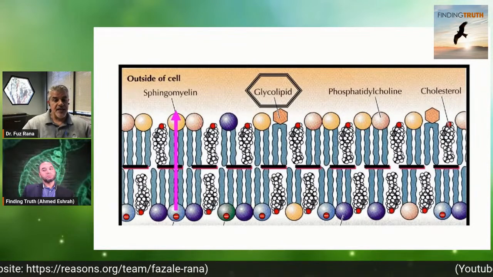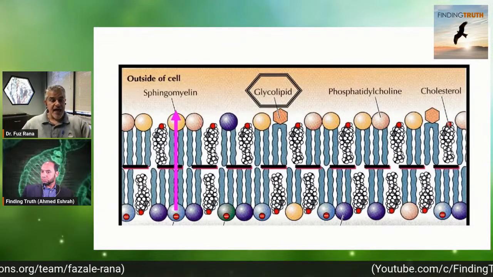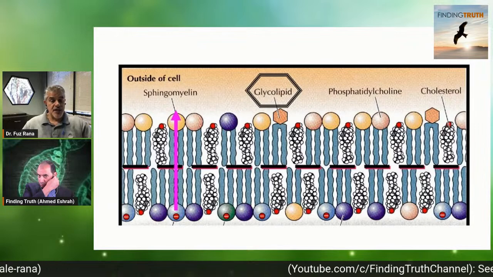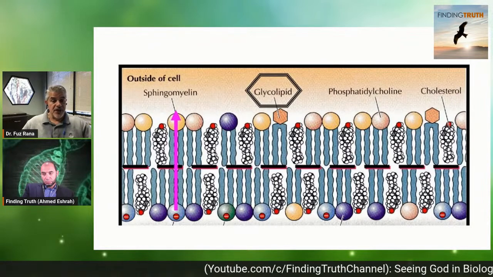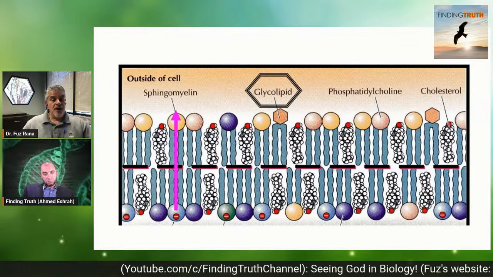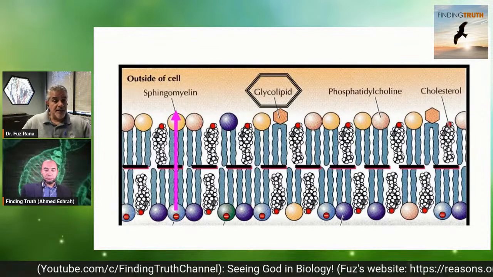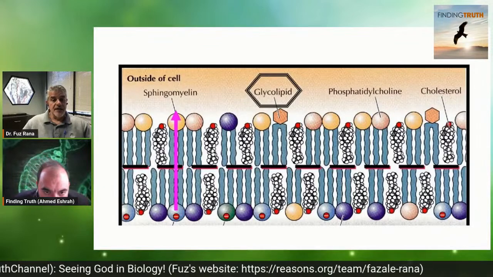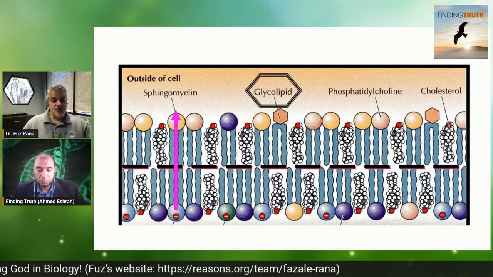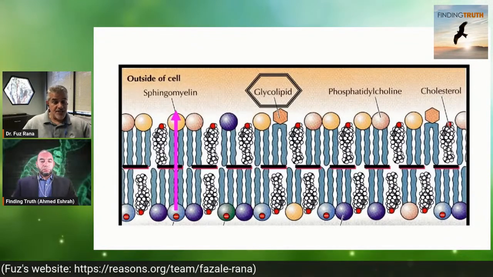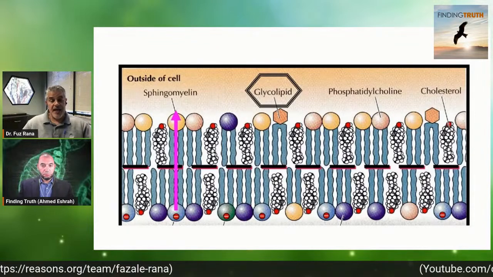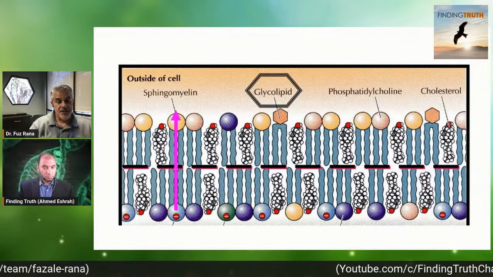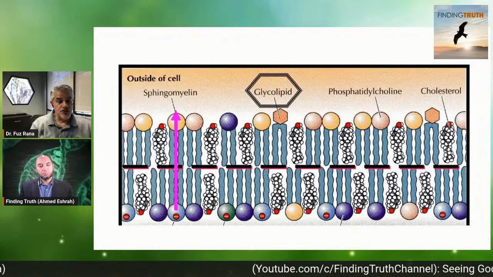And one of the things that has been noted is that there is an asymmetry to phospholipid bilayers, that the inner and outer monolayers have different lipid compositions. That is a precise asymmetry that has to be maintained in order for the bilayer to display its functional properties.